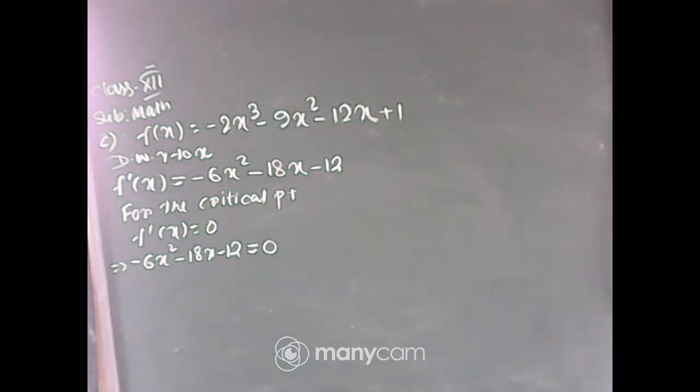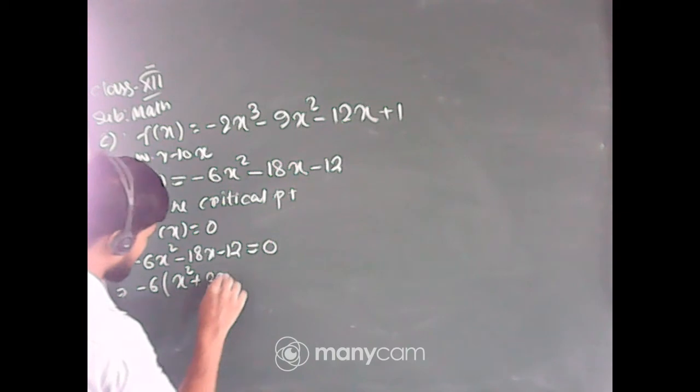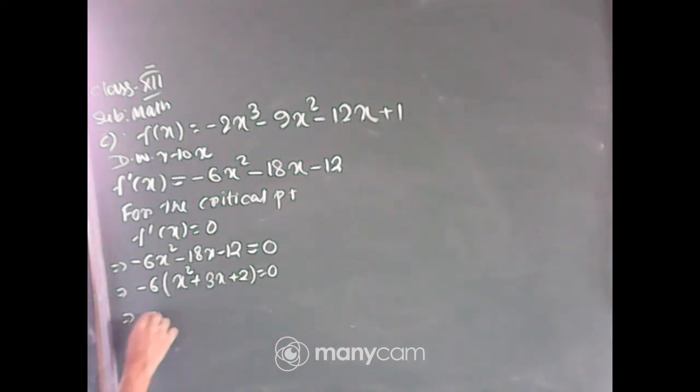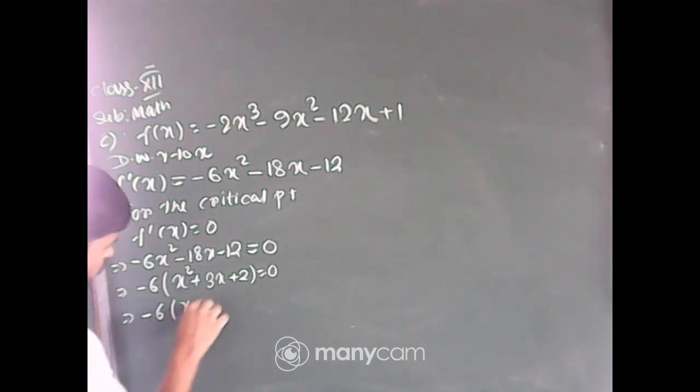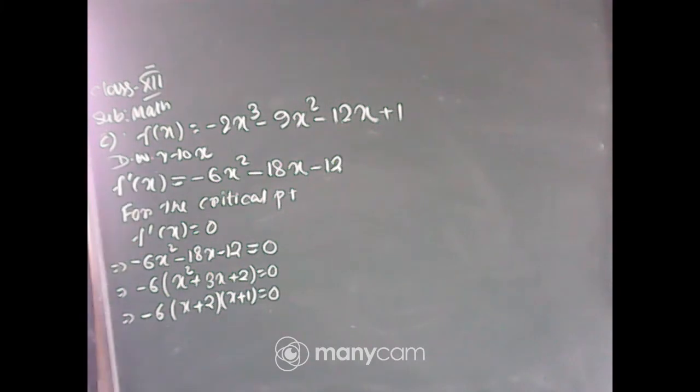Now from here find out the critical points. So if I take minus 6 common first, it will be x square plus 3x plus 2 is equal to 0. That means minus 6 into x plus 2 into x plus 1 is equal to 0.